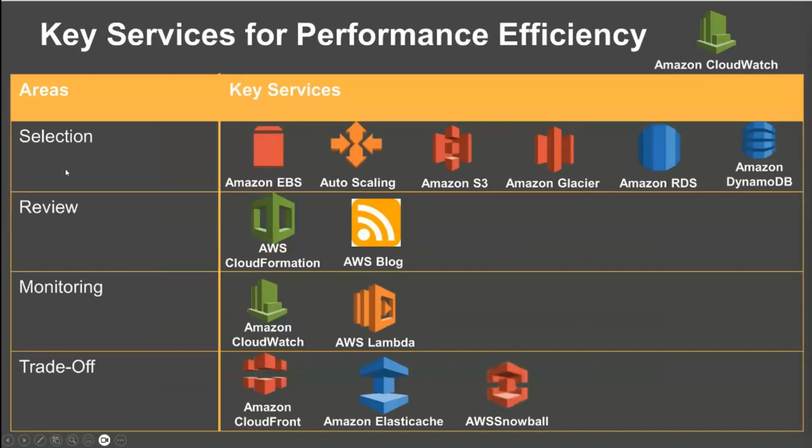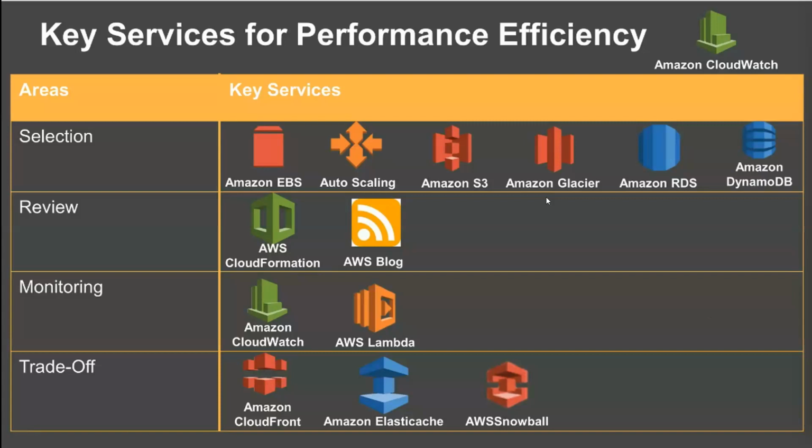So selection, we talked about, okay, we have Amazon EBS, we have auto-scaling for scalability, we have Amazon S3, we have maybe the use of Amazon Glacier, maybe you are storing files that you want to access after 1 year.